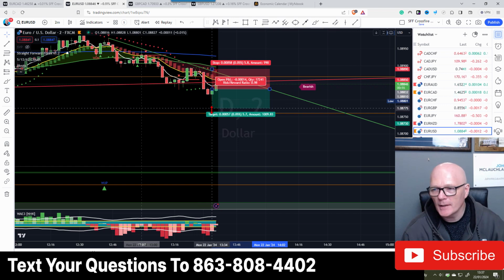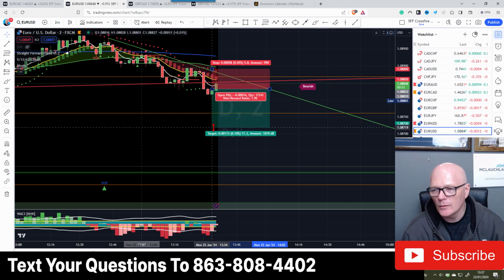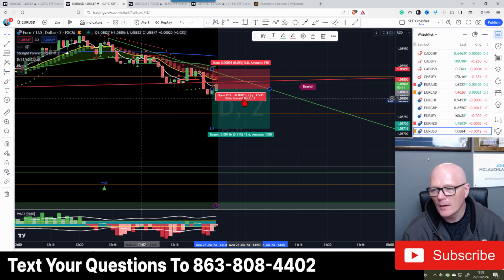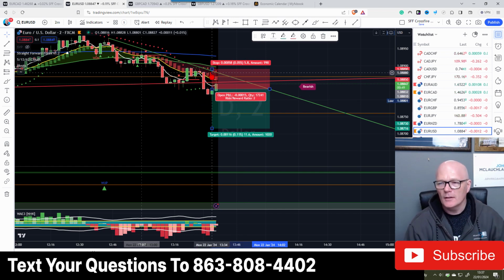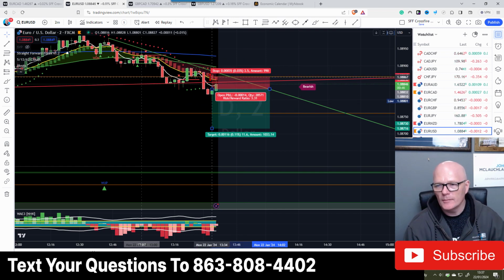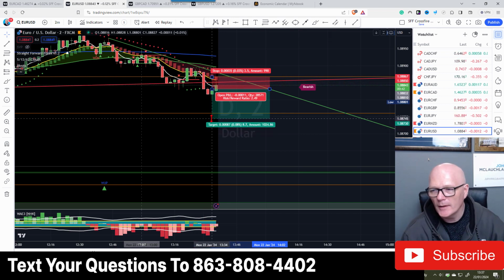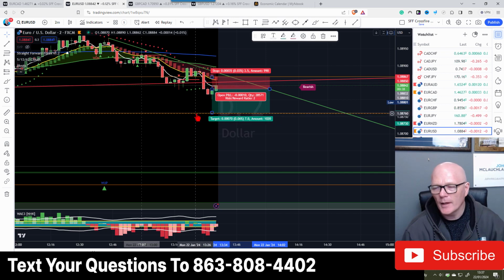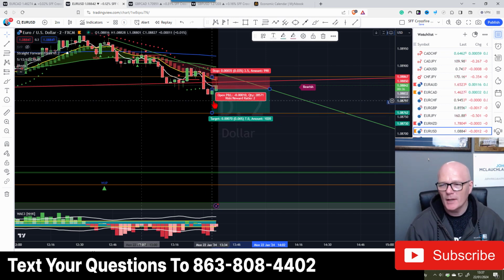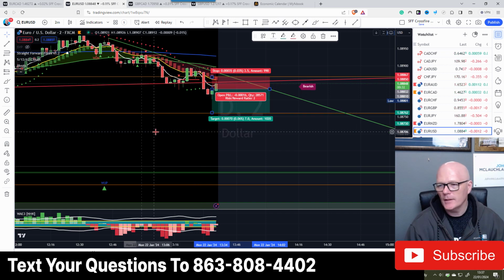And if we came back down, looking at risk to reward 1 to 2, even if we tighten that up a little bit, we want to be above the trend line, but somewhere around there.